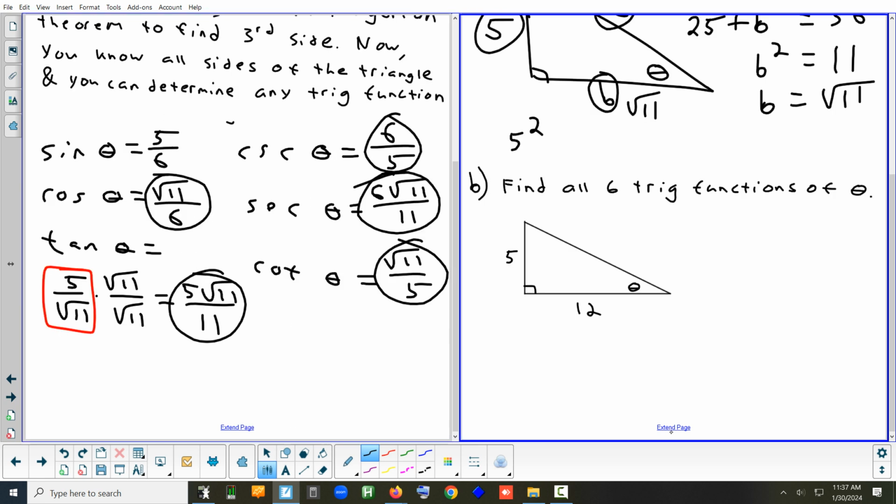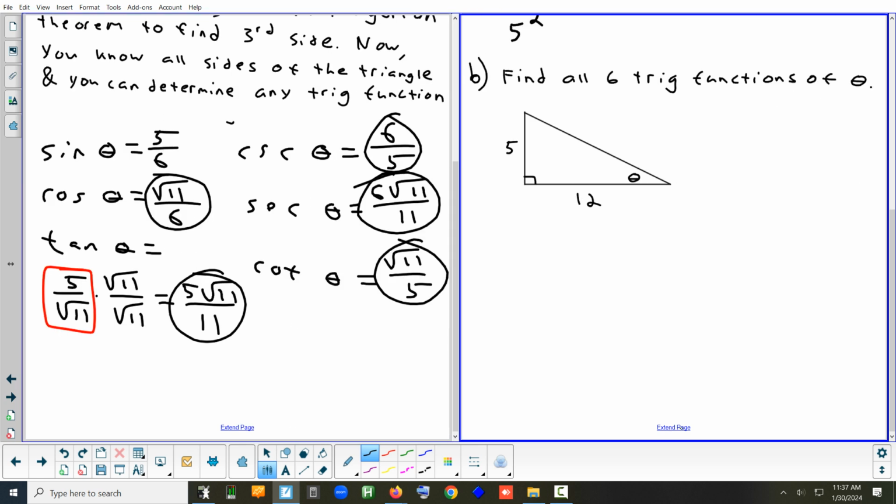Let's try this one. Find all 6 trig functions. What's the first thing I have to do before I can start finding all 6? Yeah, I gotta find the hypotenuse.